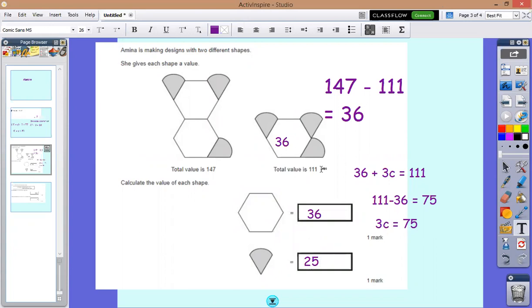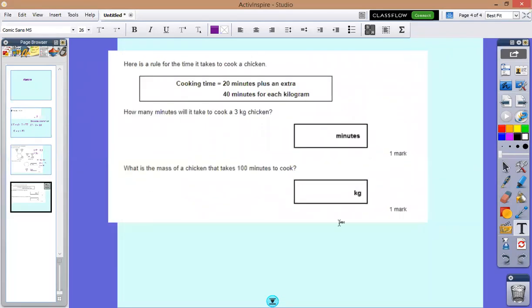So again, I'm using the inverse, but I'm also noticing what is the same and what is different. Okay, this last one is again like an algebraic equation. So I'm going to write out, first of all, here is a rule for the time it takes to cook a chicken. Cooking time equals 20 minutes plus an extra 40 minutes for each kilogram.